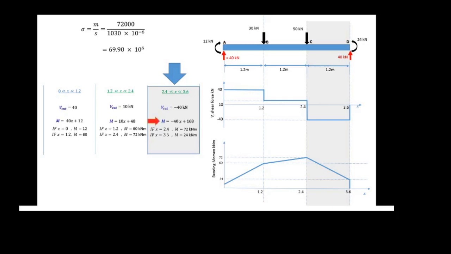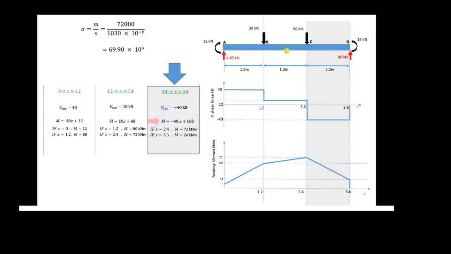Before I end this session, I just want to share the importance of the shear force and bending moment diagram. Let's say the maximum allowable shear force for this beam is 100 kilonewton. But we want to allocate 100 kilonewton shear force at this point, 1.5.